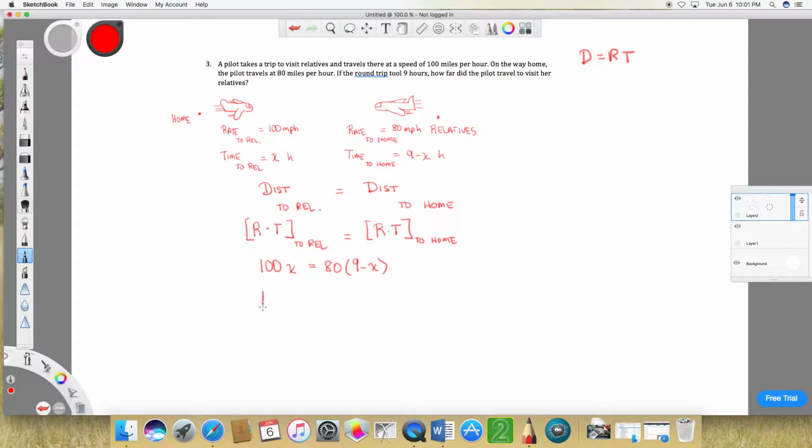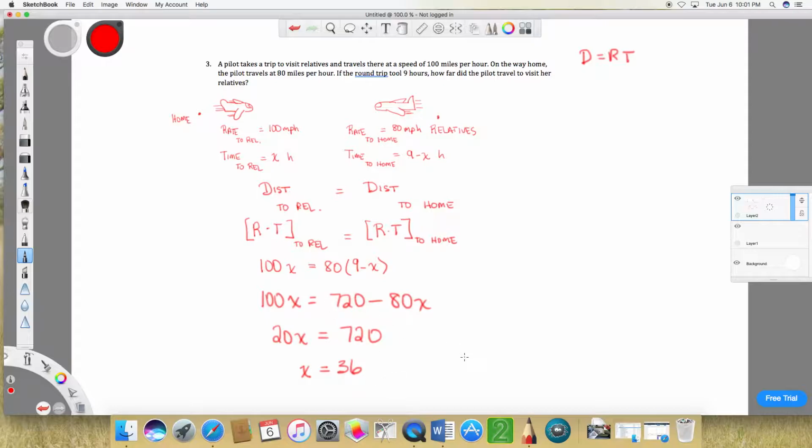All right, so I've got 100x is equal to 720 minus 80x. If I subtract 80 from each side, I've got 20x is equal to 720, and x is equal to 36.